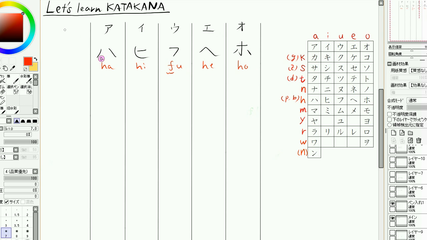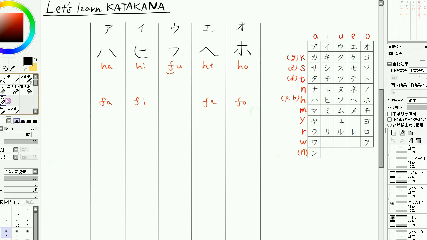So here's the question. Can we make these sounds? Fa, fi, fu, fe, fo. But once again, be careful. These Fs are not English F. We don't use upper teeth and lower lip. We just go just as this F we've learned in the other video. So it's fa, fi, fu, fe, fo.